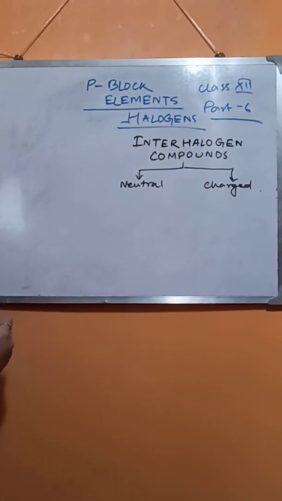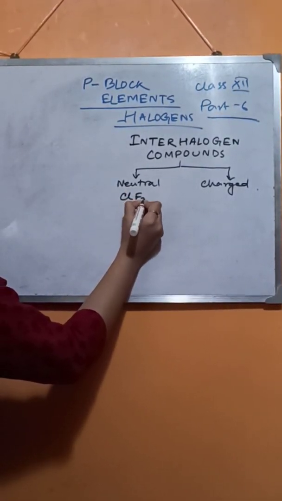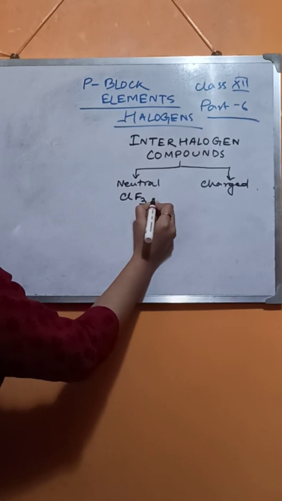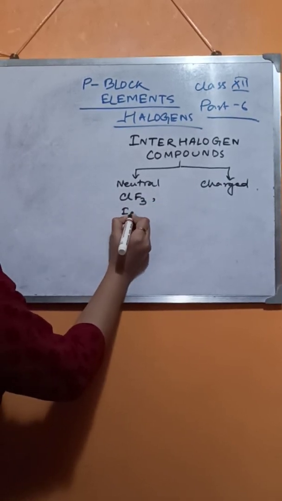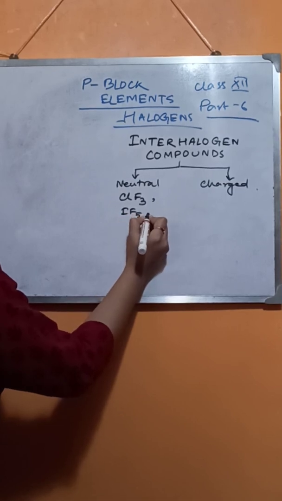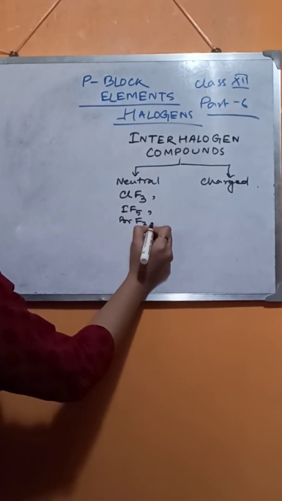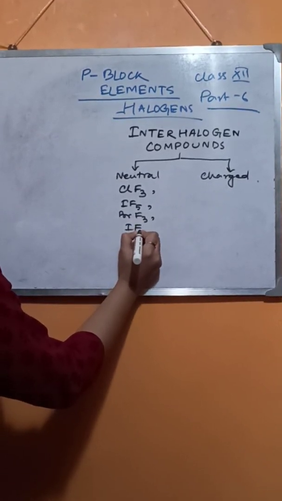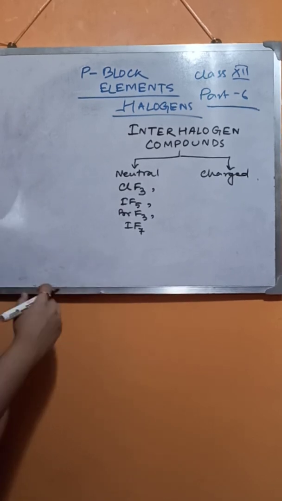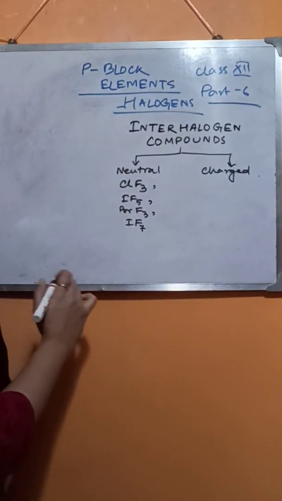Among the neutral interhalogen compounds, examples are chlorine trifluoride, iodine pentafluoride, bromine trifluoride, iodine heptafluoride. There are many examples of neutral interhalogen compounds.